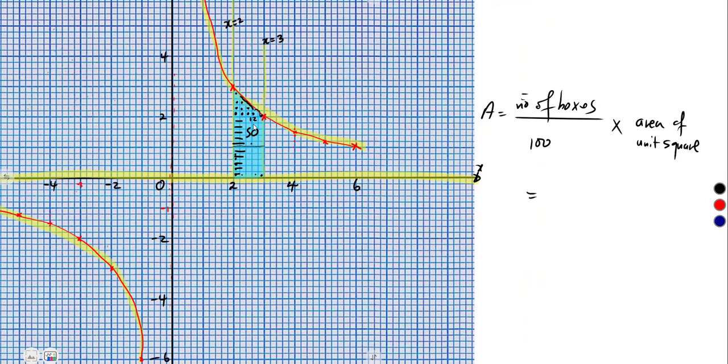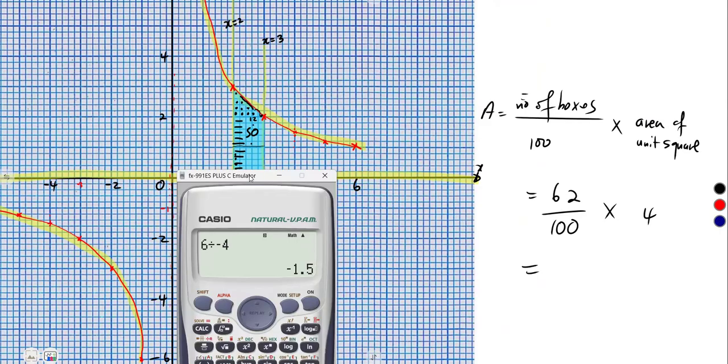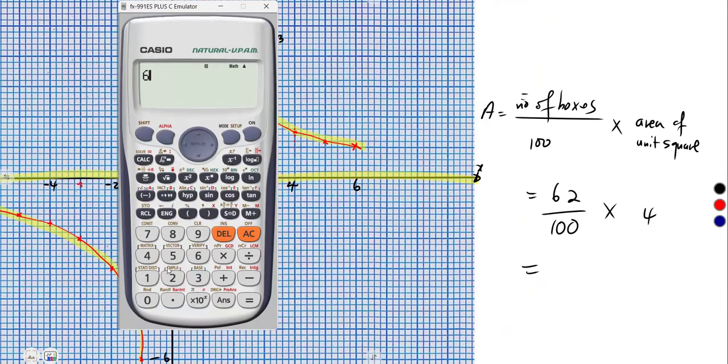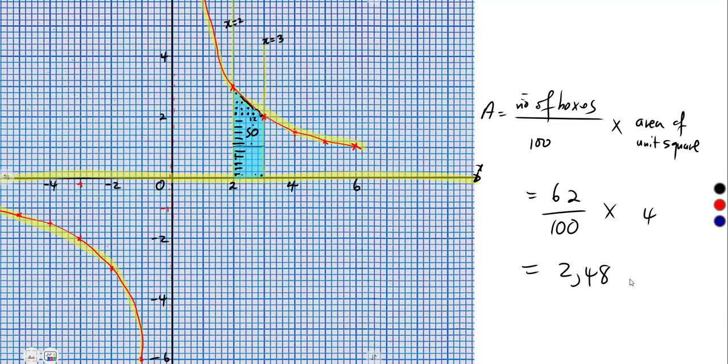So how many boxes? 50 plus 12, that's 62 over 100 times the area of the unit square, 2 times 2, that is 4. So that's it on our calculator. 62 divided by 100, which is 0.62. Then you multiply by 4. So that is going to give us 2.48 square units.